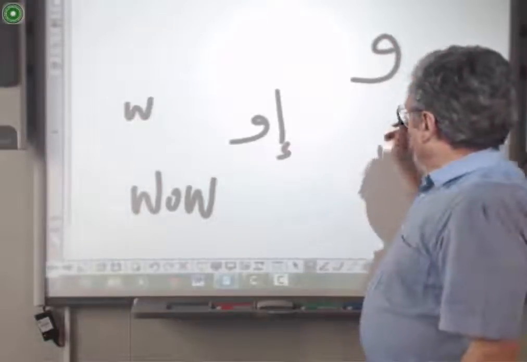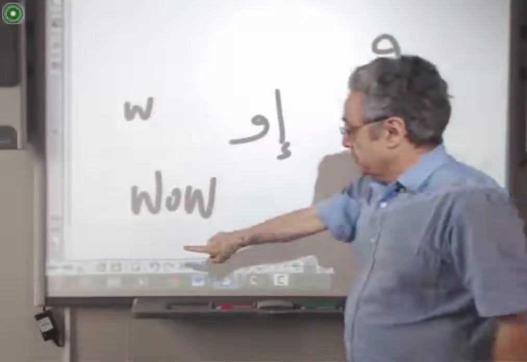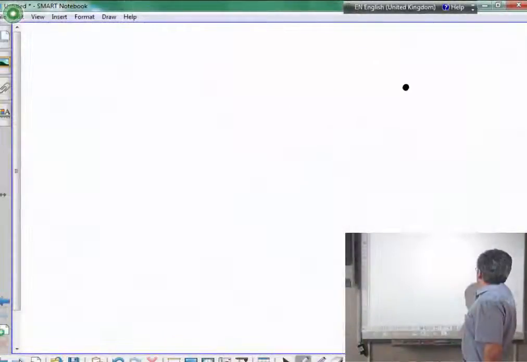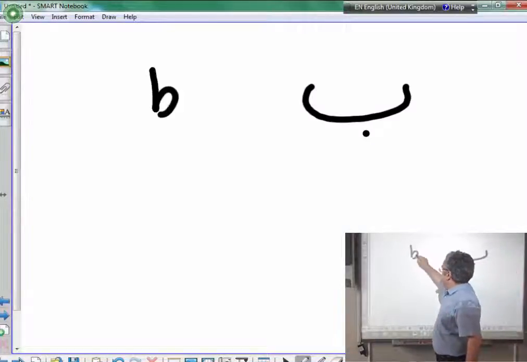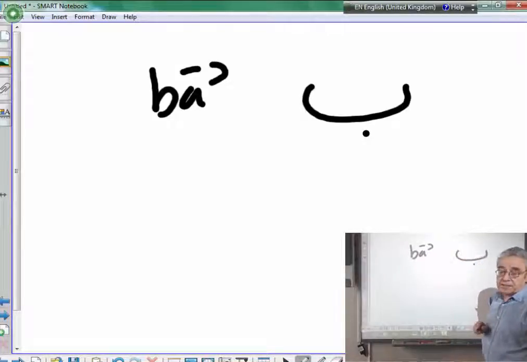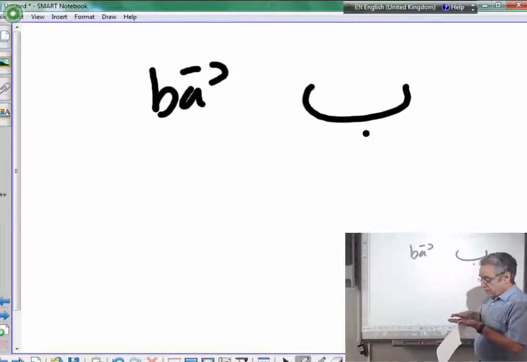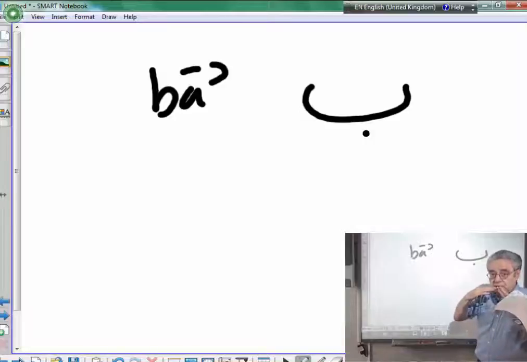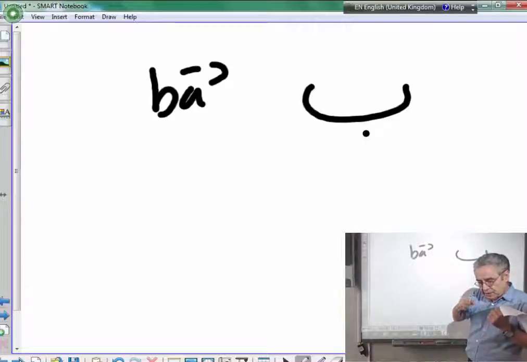The third letter, we have got the two letters here. The letter that we call ba. Say it. Ba. It is easy to pronounce, as you see, by making the two lips meet for a short time and in a strong way.